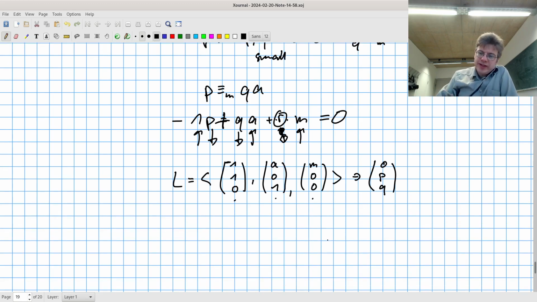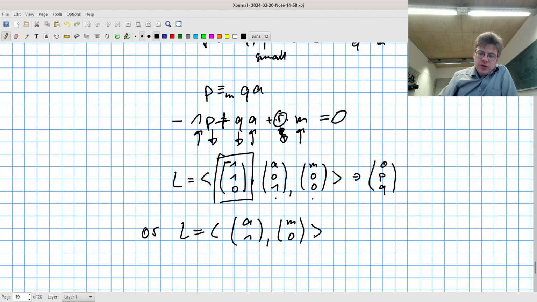You can simplify this a little bit because this vector here is really very explicit. So you can also say L is equal to, let's take just A1 and M0. Well, then what would this be?